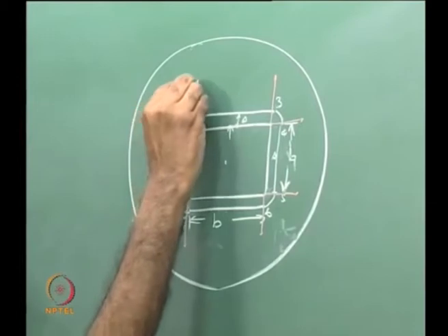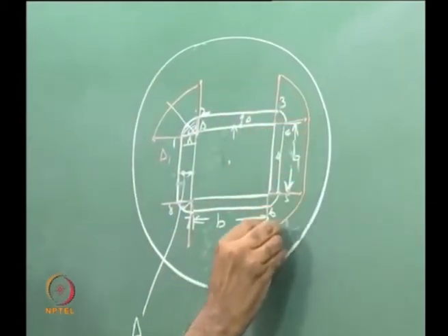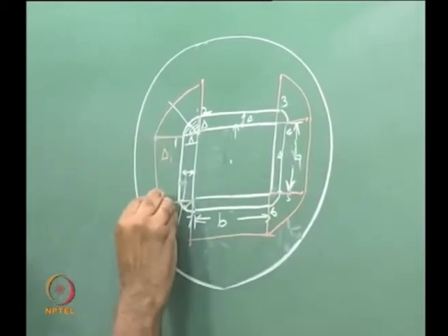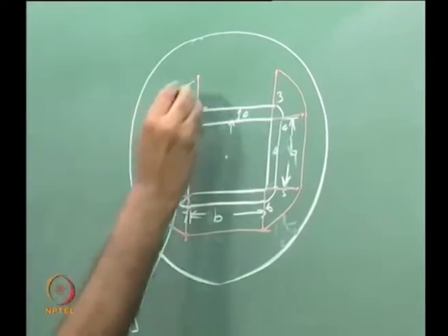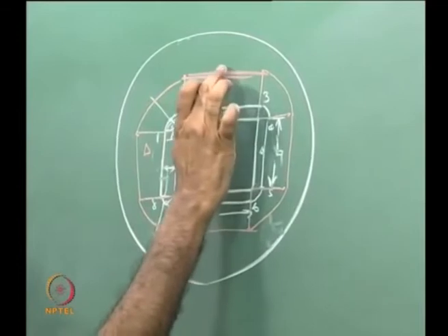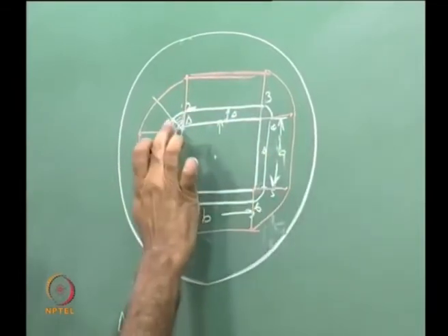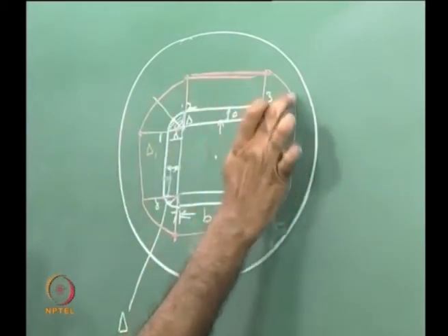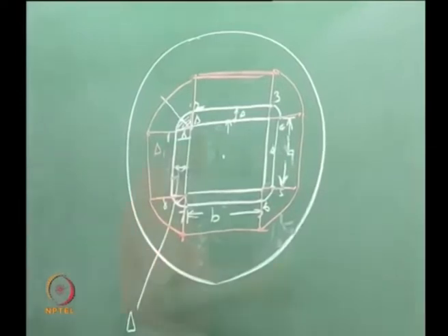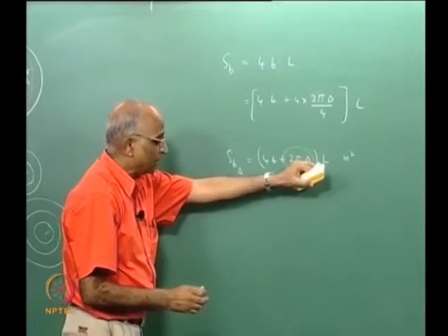That means I have another arc of a circle, straight line, arc of a circle, straight line over here, arc of a circle, and therefore my burning surface area in this case is 1, 2, 3, 4, which is same as B, plus this arc plus this arc, and corresponding to my new value of delta I get this value, and delta keeps increasing.